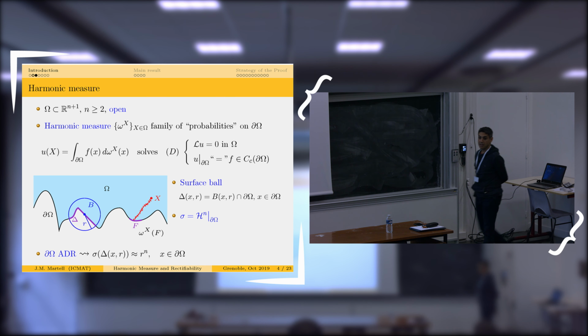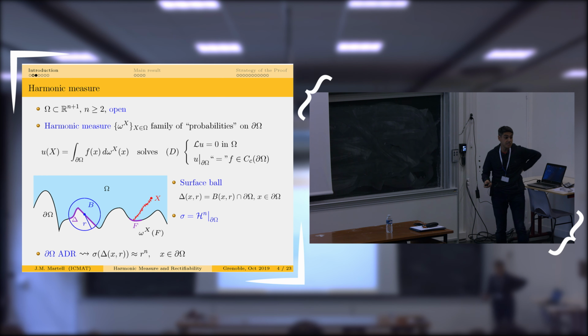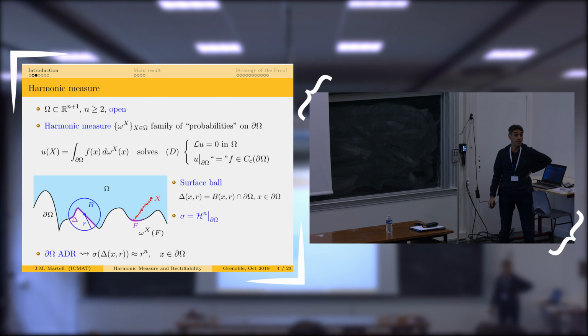Probably you can think that the case n equals 2 is nicer because you have complex variables, but from the PDE point of view, the case n equals 2 is more problematic because the fundamental solution of the Laplacian doesn't decay at infinity, and this creates a number of problems. So for me, to be safe, I'm not claiming that those results are not true in n equals 2, but let's put ourselves in an environment in which the fundamental solution of the Laplacian decays, and this is going to be important for the estimates for the associated Green function.